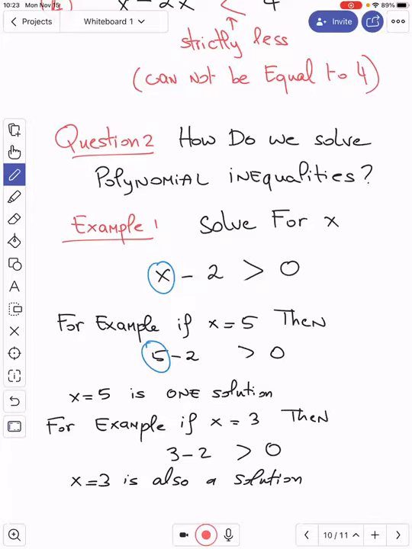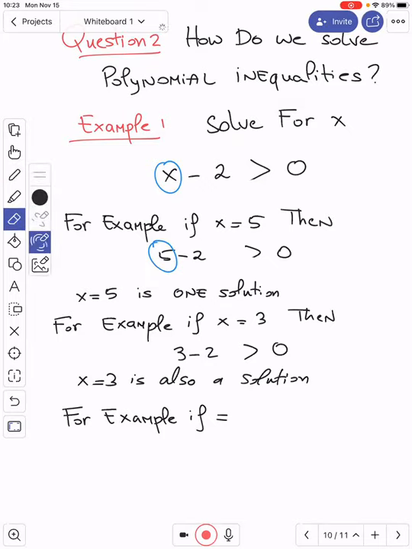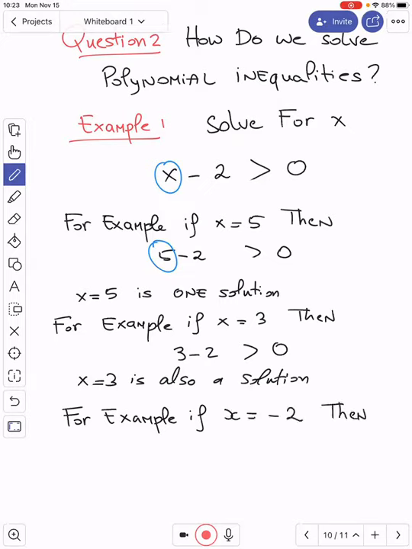Of course, there are some values of x which don't satisfy this inequality. For example, let's say x is -2. Then if you replace x by -2, you're going to have -2 minus 2, which is -4.